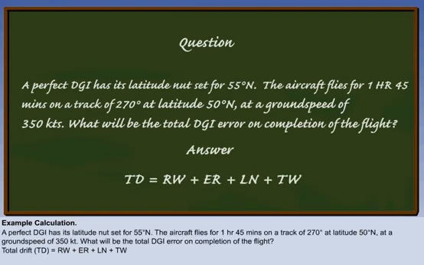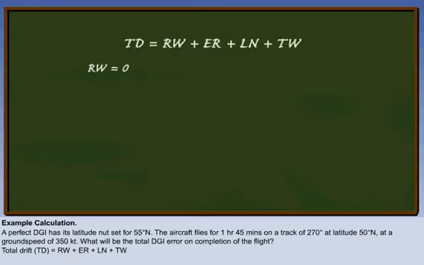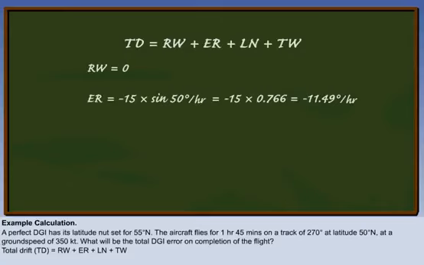Total drift equals RW plus ER plus LN plus TW. The question tells us that this is a perfect gyro, which means there is no real wander to consider. Mathematically, therefore, real wander is 0. The earth rate error is 15 times sine 50 degrees per hour, and it's in the northern hemisphere, so the sign is minus.